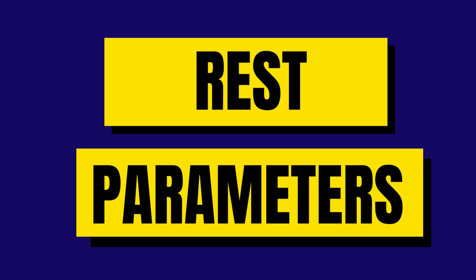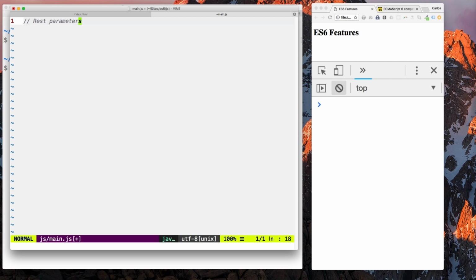So now let's check rest parameters. The syntax is very similar to the spread operator. Let's say we have a function here, an anonymous function, and we will use the old syntax. We have 2 arguments, a and b.